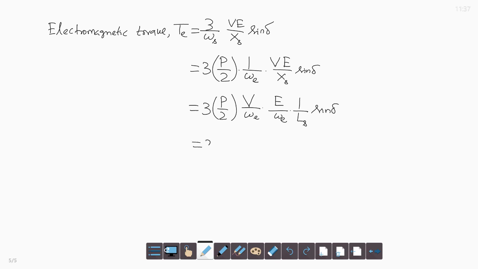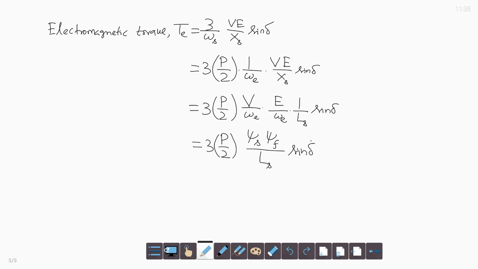So, it is 3 into pole pairs, V by omega e is stator flux linkage psi s, E by omega e is the field flux linkage psi f, by stator inductance Ls into sin delta. So, this is an expression for the electromagnetic torque.